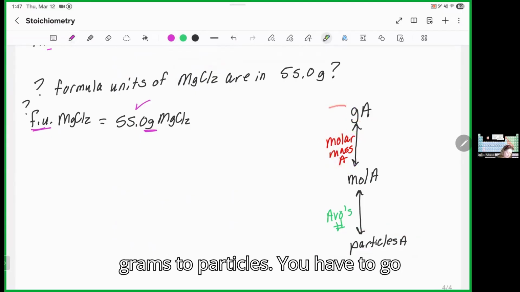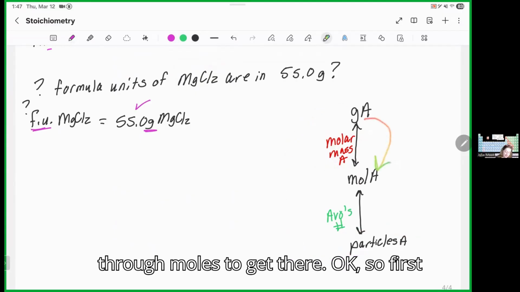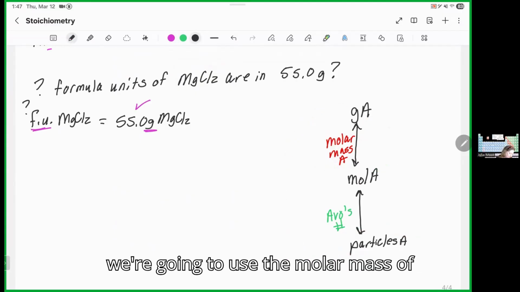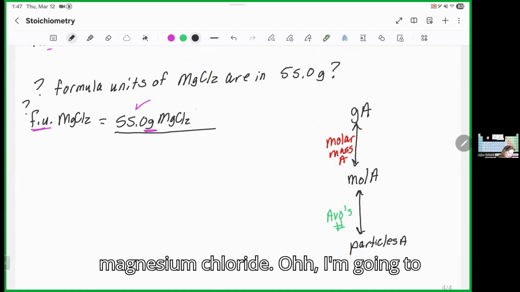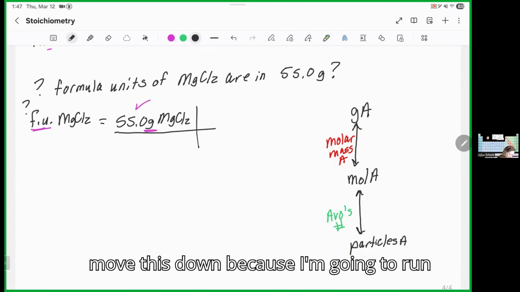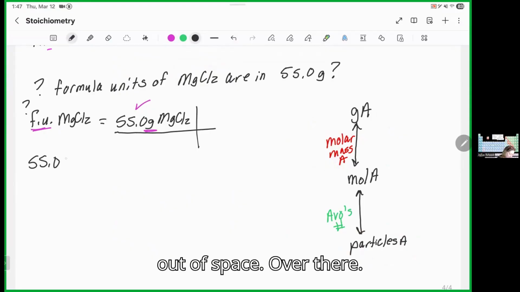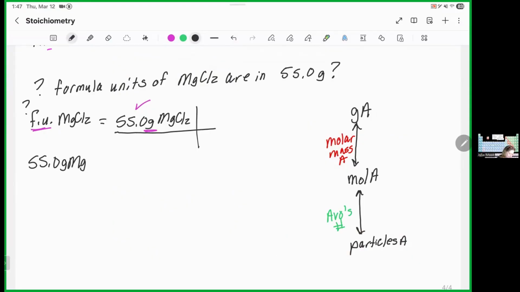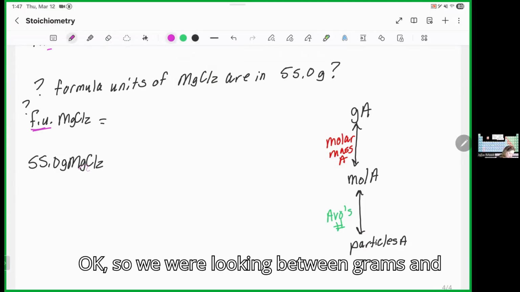There is no road to go straight from grams to particles. You have to go through moles to get there. So first we're going to use the molar mass of magnesium chloride. I'm going to move this down because I'm going to run out of space over there. So we were looking between grams and formula units.